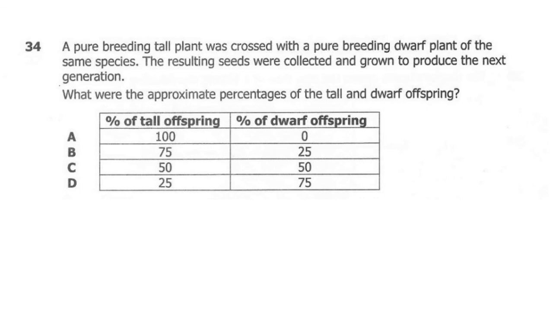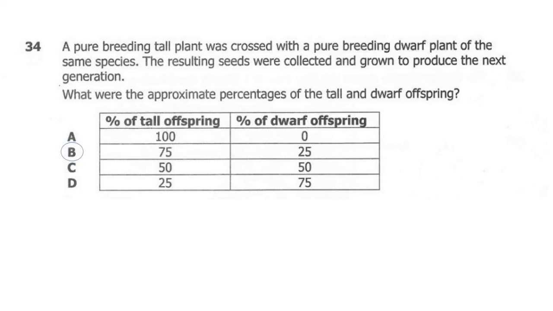The correct answer here is B. The tall offspring percentage will be 75%, and the dwarf offspring are going to be 25%. When a pure tall and a pure dwarf plant are crossed, all the offspring produced will be tall. The resulting seeds will be collected, so that will be our F1.